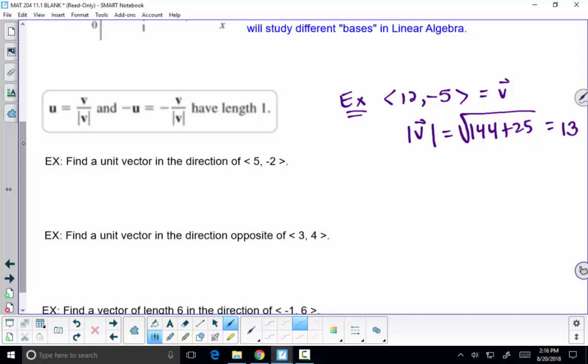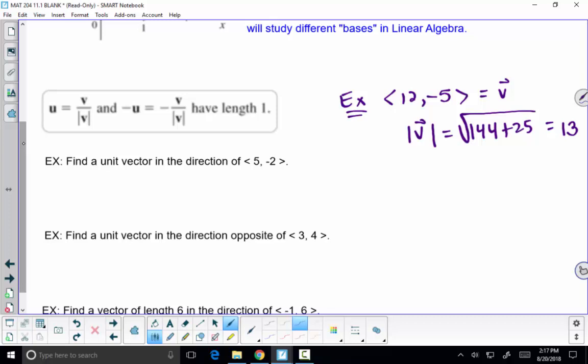We're going to use it throughout the whole semester, this idea of converting a vector to a unit vector and then possibly scaling it by some other factor. There's all sorts of reasons that unit vectors will be important. One important reason is that on the unit circle, if you imagine translating that unit circle into the land of vectors, you can imagine unit vectors that point to the edge of the unit circle.